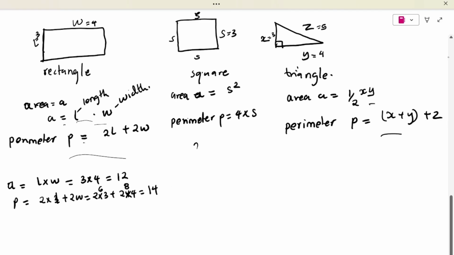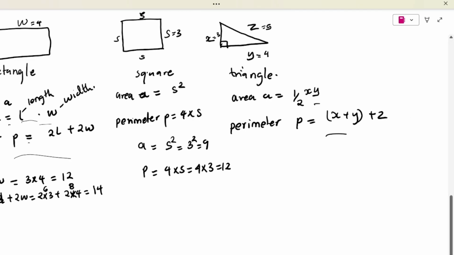For the area of the square, it is S squared, which is 3 squared, which is 9. For P, it is 4 times S, which is 4 times 3, which is 12.